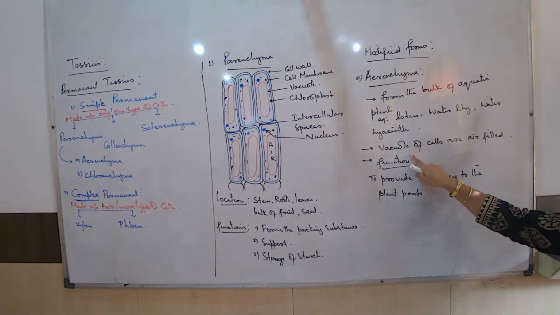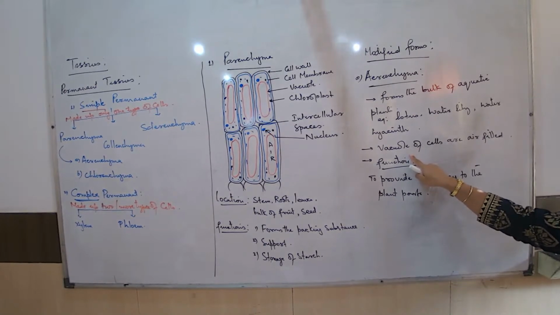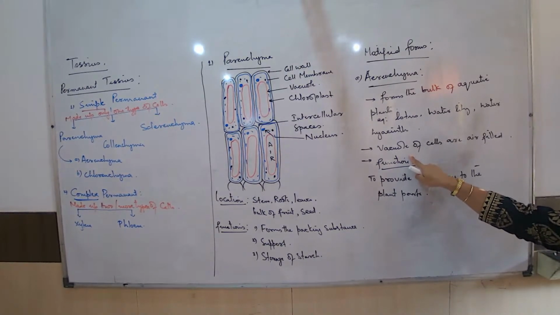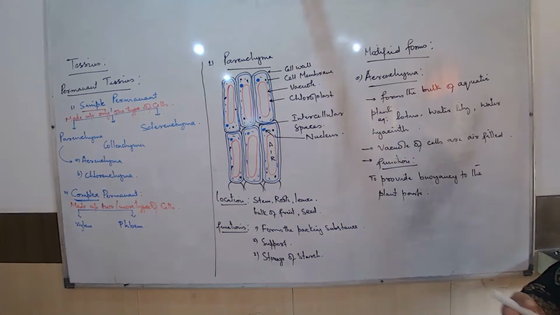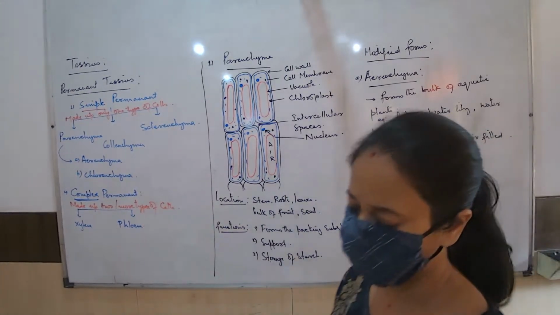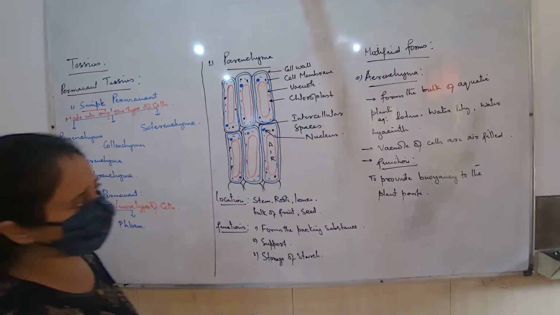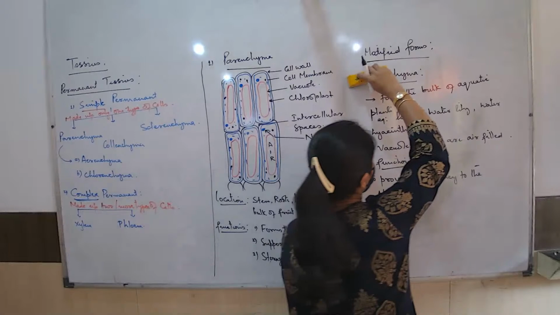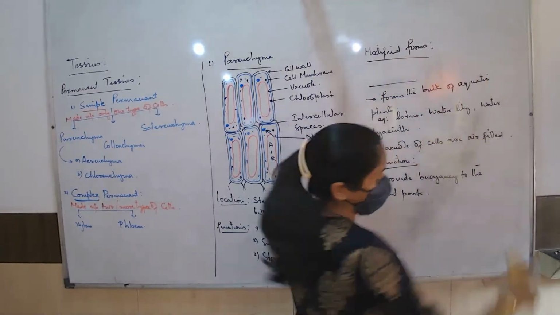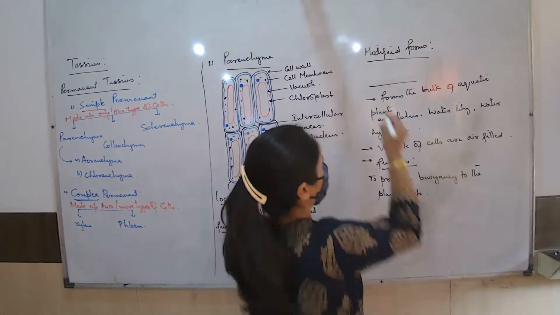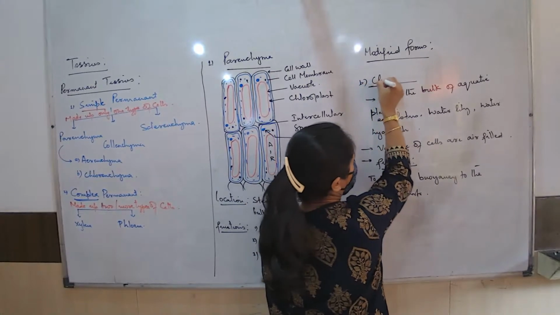They don't have the sap, but they have air in the vacuole, which is actually making them float on the surface of the water. I talk about the second type now. What is the second type that we are trying to understand for the modified forms of parenchyma? Chlorenchyma.